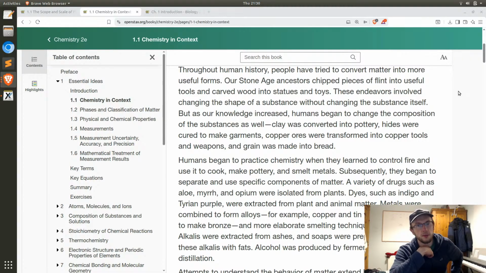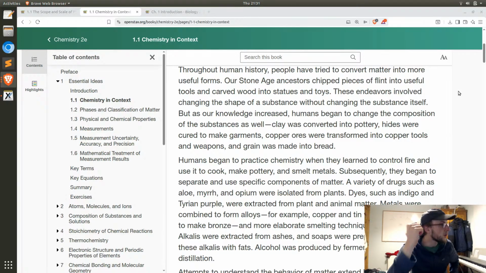These endeavors involved changing the shape of a substance without changing the substance itself. But as our knowledge increased, humans began to change the composition of the substances as well. Clay was converted into pottery. Hides were cured to make garments. Copper ores were transformed into copper tools and weapons. And grain was made into bread.